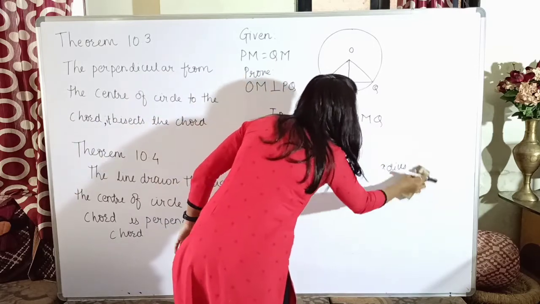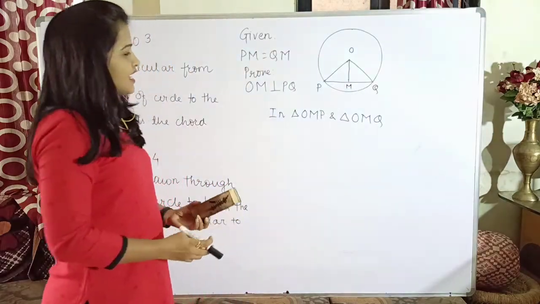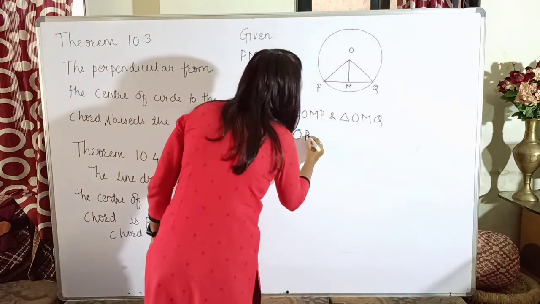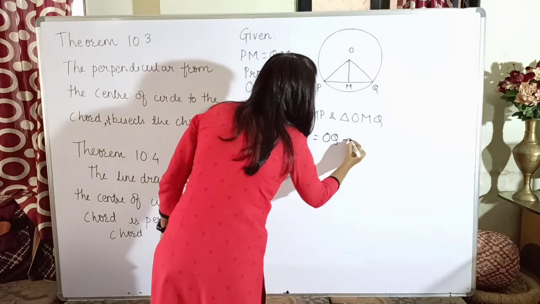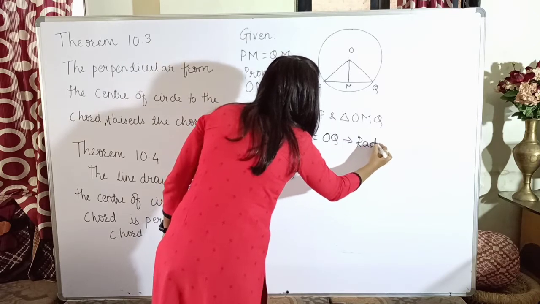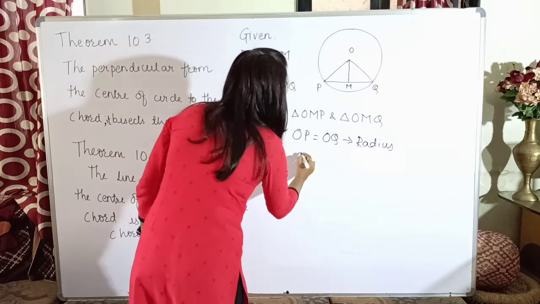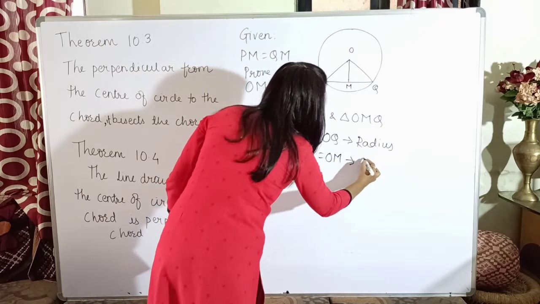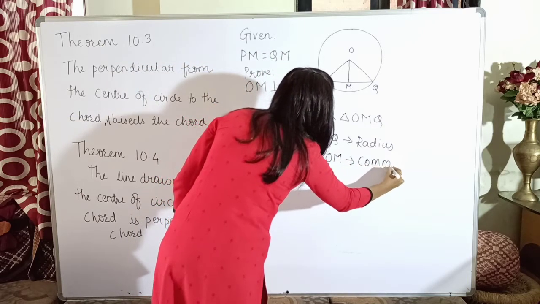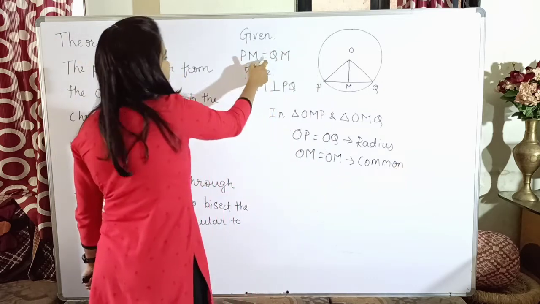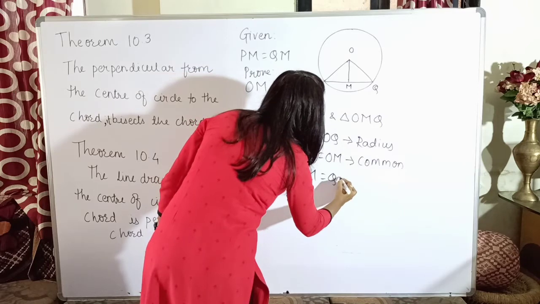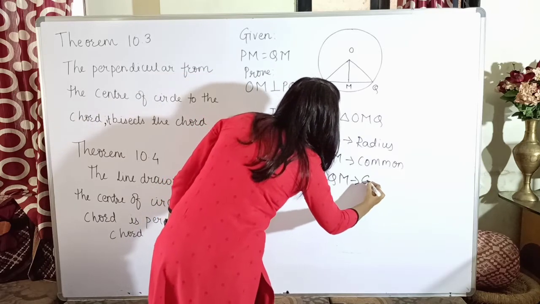So in the triangles, the first thing I can write is OP equal to OQ. Yes. Why? Because they are the radius of circle. Is OM equal to OM? Yes, because that is the common side. What else do I have? The thing which is given, that is PM equal to QM, because that is the given part.